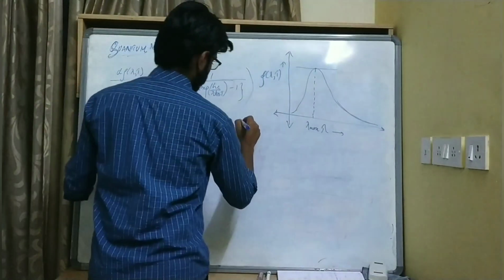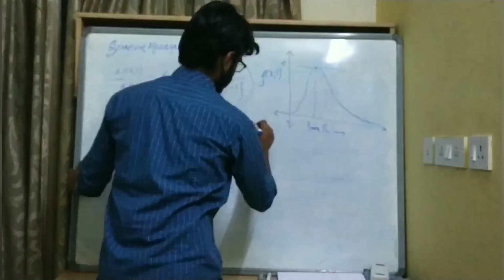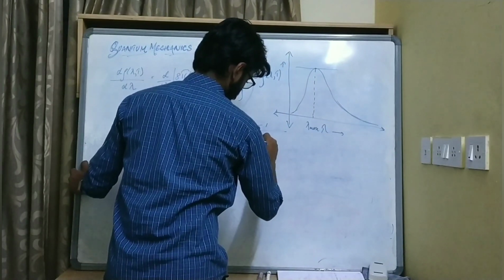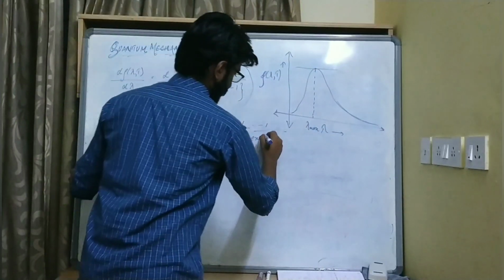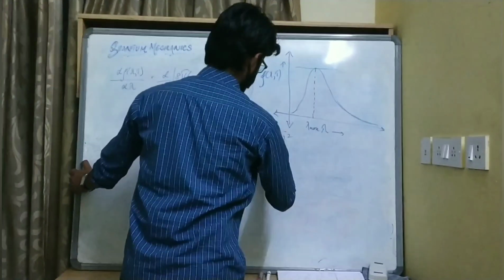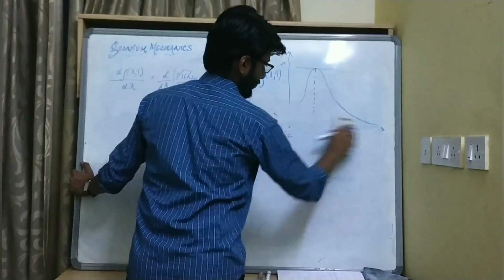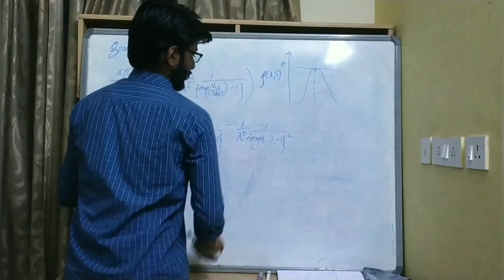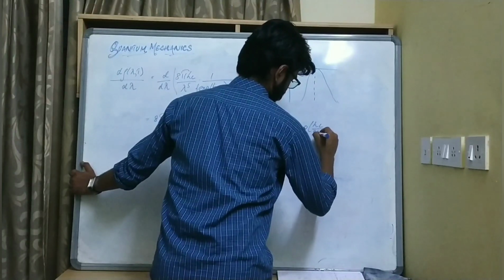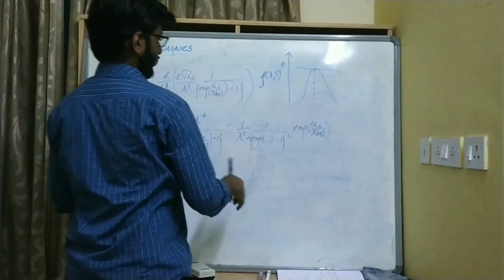Then this is equal to 1 by lambda to the power 5, and the derivative of this will give you minus 1 by exponential bracket minus 1 to the power square, times the exponential term itself, exponential hc by lambda kB T, and then take the derivative of the exponent also.